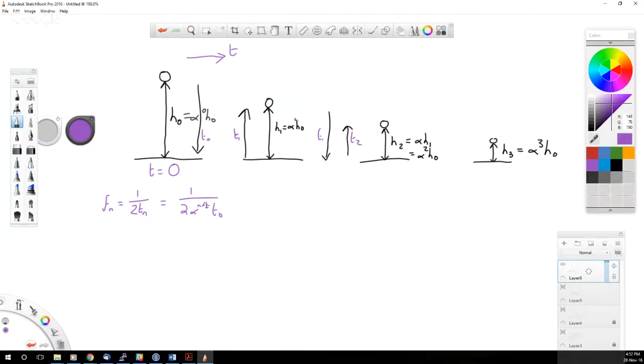And going from earlier, we're going to find a time tn, which is the time to the start of bounce n. So that's T0 plus 2T1 plus 2T2 all the way up to plus 2T(n minus 1).